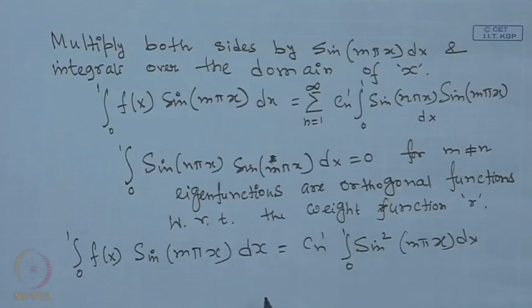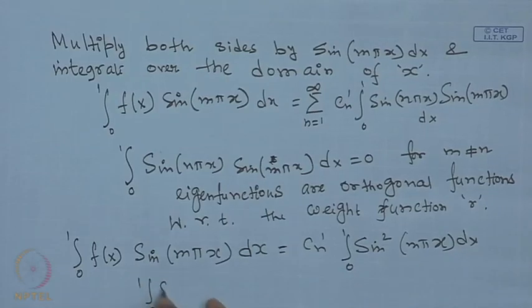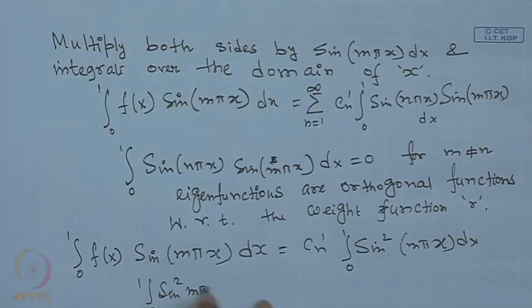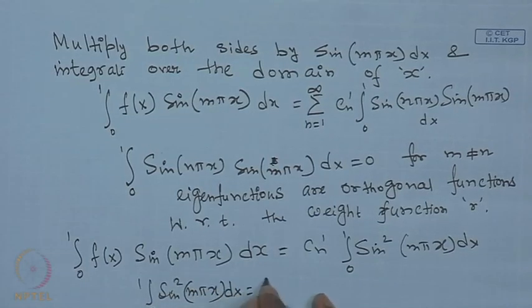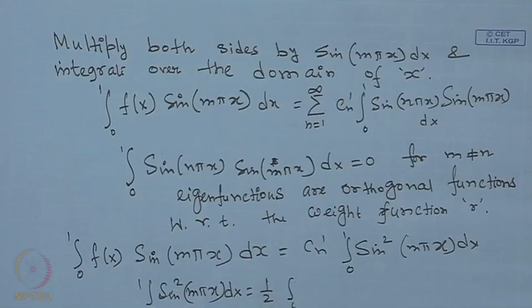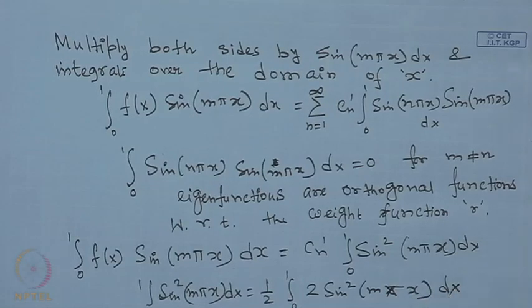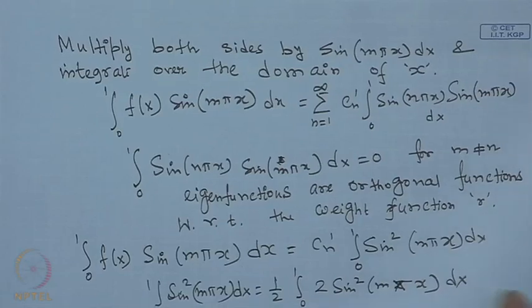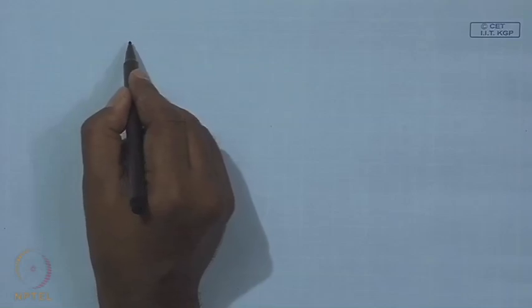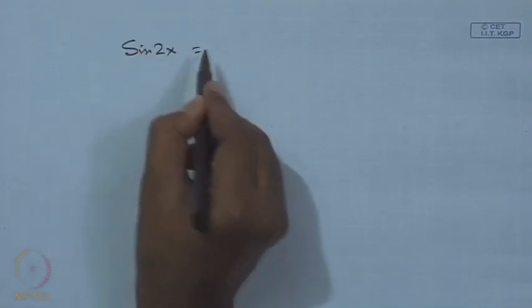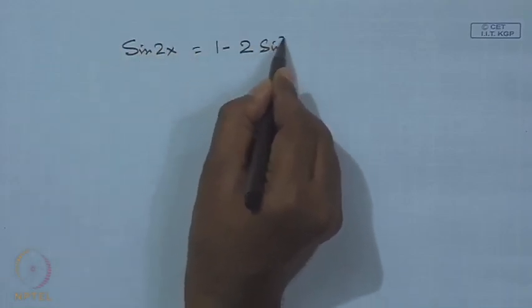And if you would like to evaluate sin square m pi x dx, let us see what you get. Integration 0 to 1 sin square m pi x dx will be, if you just multiply and divide by 2, half integral 0 to 1 of 2 sin square m pi x dx. If you look into the relationship of cos 2 theta and sin theta, cos 2 x is nothing but 1 minus 2 sin square x.